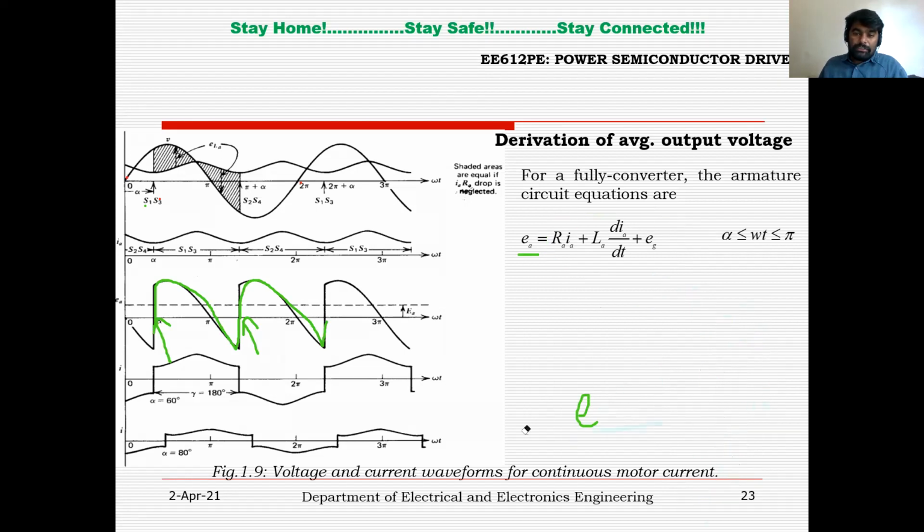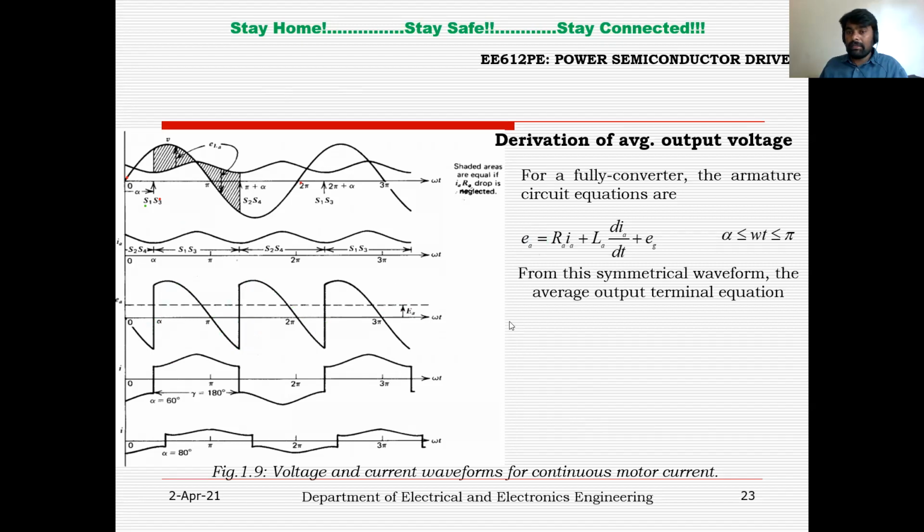Now, if you see the waveforms, all the thyristors are switched symmetrically. If they are symmetrical, this area during the positive half cycle is the same as the area during the negative half cycle. So these are symmetrical, and I can consider only the positive half cycle.